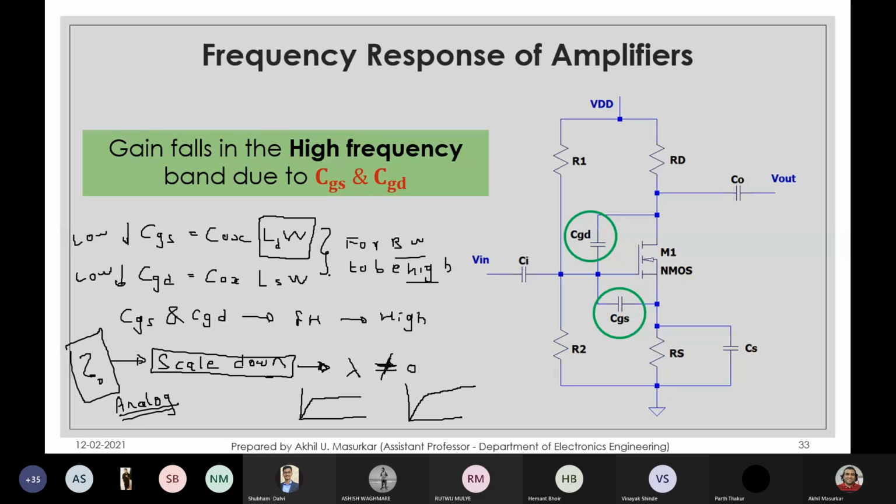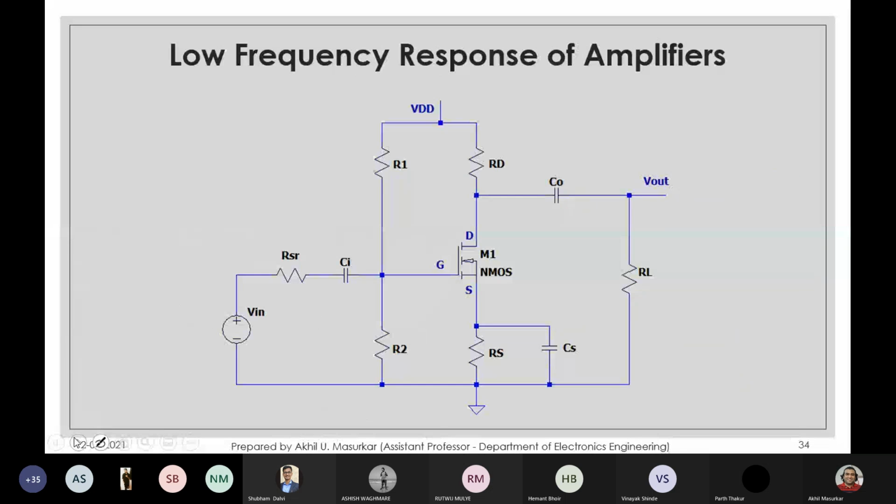Now let us study the AC analysis of the low frequency. So please draw this circuit. First we will analyze low frequency. Low frequency means CGS and CGD are open circuit.